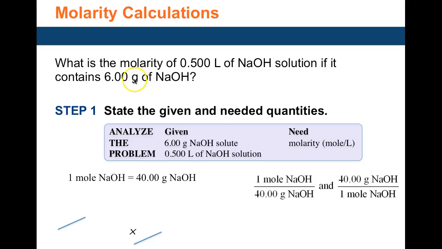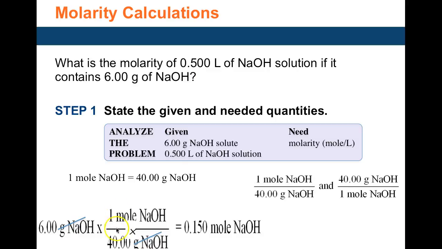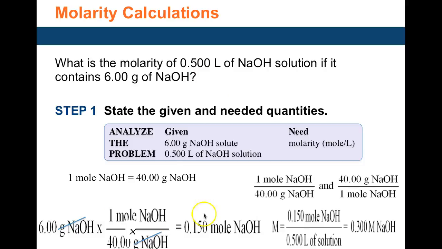Then divide the moles by the half a liter to get moles per liter. So 6 divided by 40 is 0.150 moles of sodium hydroxide. Now divide 0.150 moles by 0.5 liters, and that gives you the molarity, which is 0.3 molar sodium hydroxide.